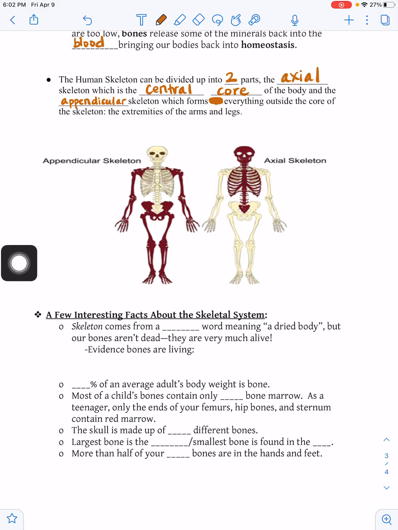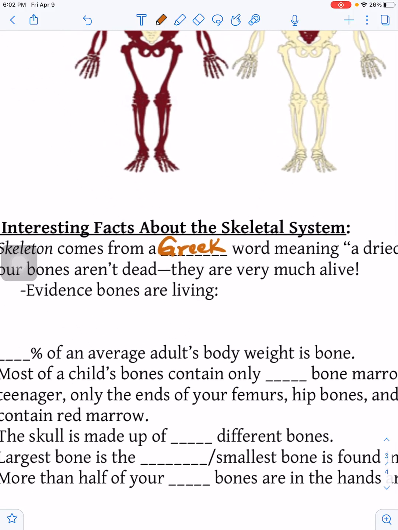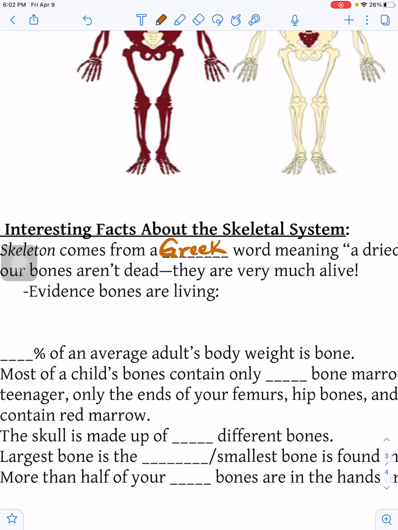Just some quick interesting facts. I'll go through these pretty quickly. Skeleton comes from a Greek word meaning a dried body. But our bones aren't dead. They are very much alive. So some evidence that our bones are living is from your notes. Can you think of some ways? They contain cells, tissues, nerves, blood vessels.